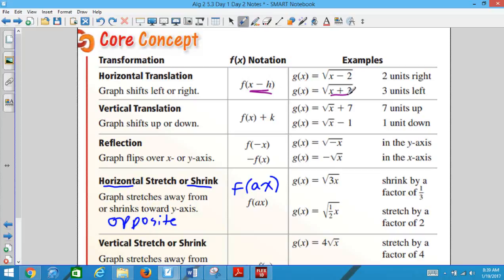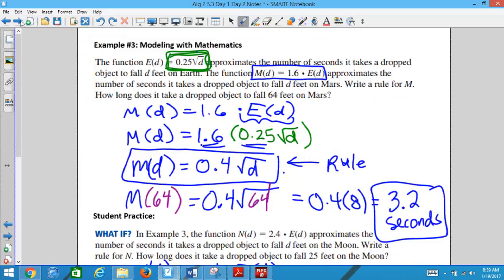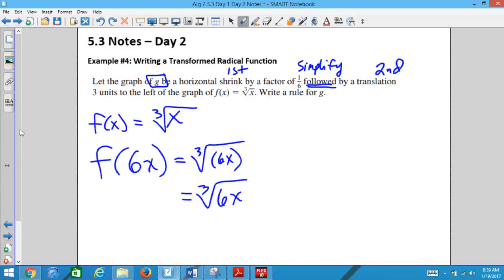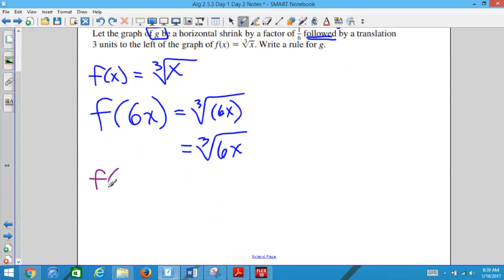Okay. So I'm going to do this, but I'm going to make it a plus, not a minus. I'm going to have f of x plus, how many units? 3. So in the step above, wherever I see an x, I'm going to replace that with parentheses x plus 3, wherever I see an x.